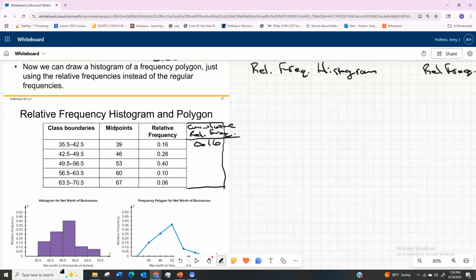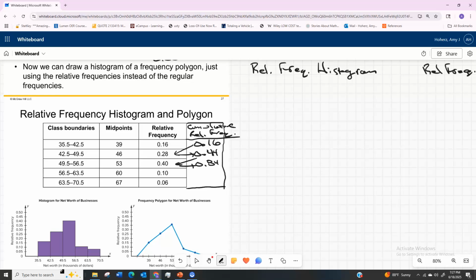Okay, because at that point we have 0.16 that are 42.5 or less. Then we're going to add the 0.28 to make 0.44. And then we're going to take the 0.44 and add the 0.4 to get 0.84.